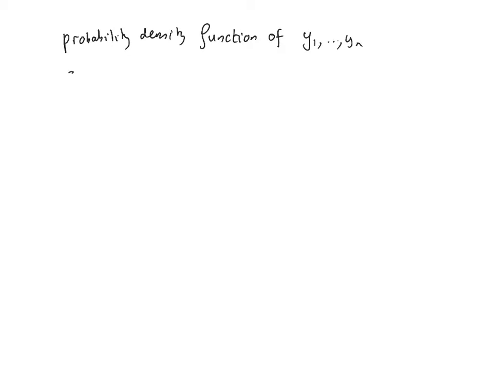That is the joint probability density function of Y1 to Yn at the observed values y1 to yn. Then we can actually work out what that is. We're going to use the fact that each of the data values is observed independently, because we're assuming a random sample. So we're going to use independence due to random sample, and that means we can multiply the individual probability density functions in the way I'm writing here.